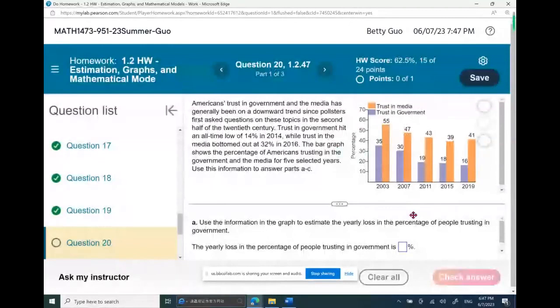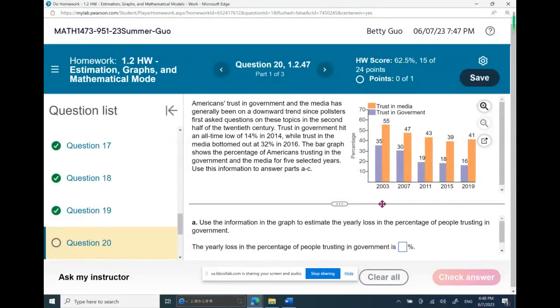Bar chart or bar graphs. This is a multiple bar graph because it has two colors, right? The orange color is trust in media. The purple color is trust in government. The horizontal scale is years, and the vertical scale, those numbers are percent.